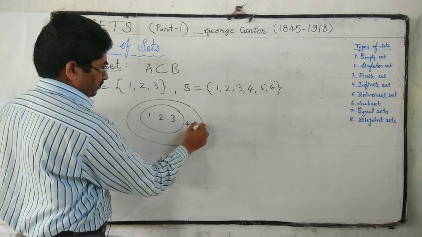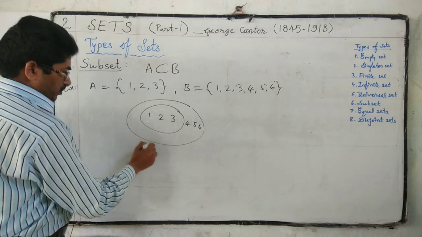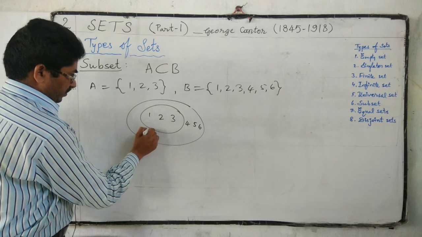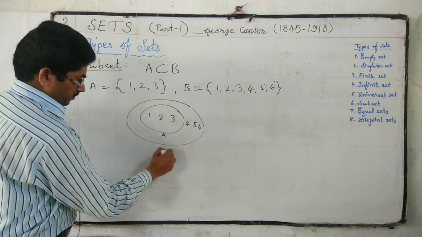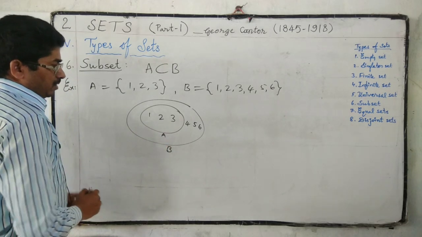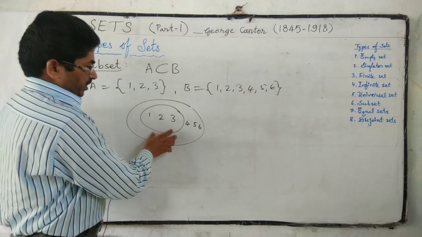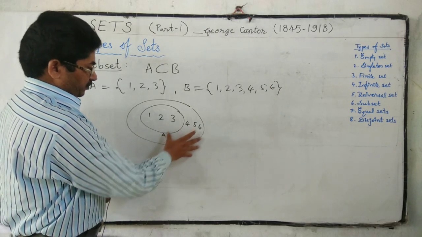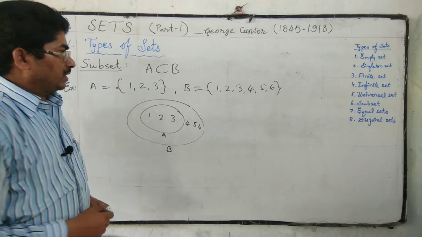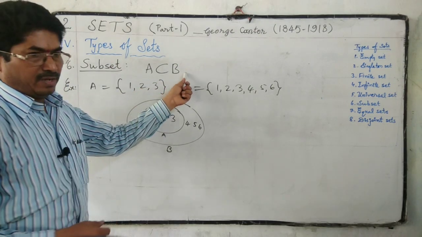This is set A, this is set B. The elements of set A are all in set B. Then we can write A subset B.